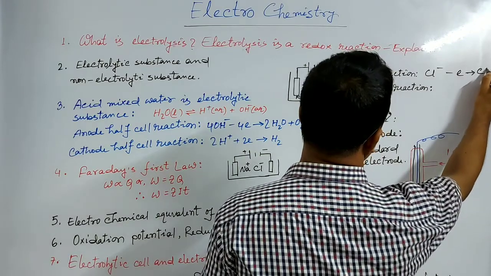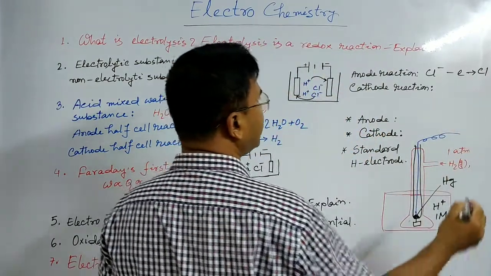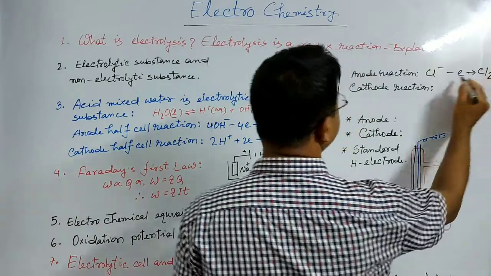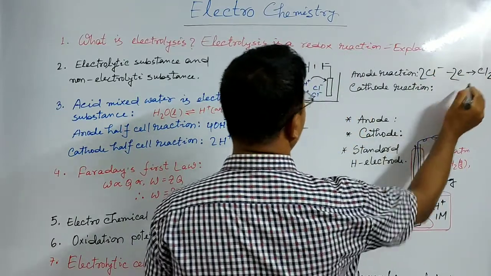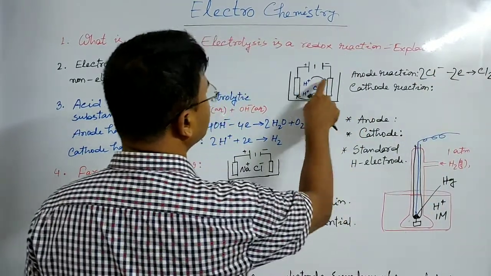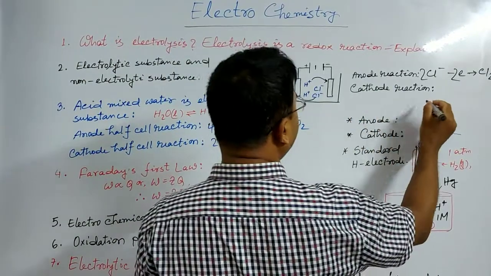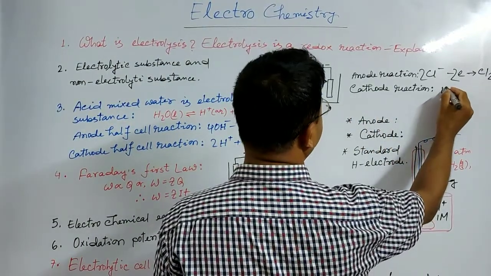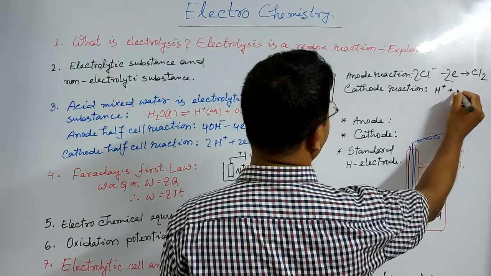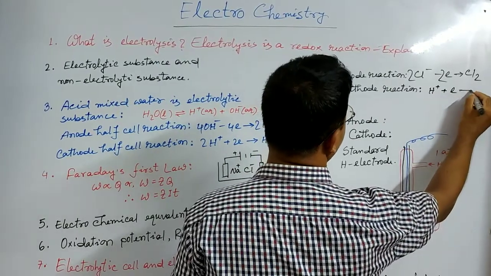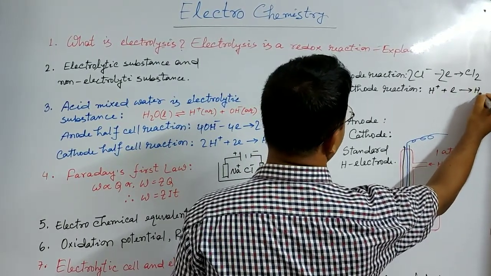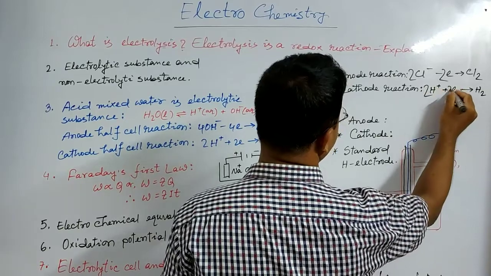My dear students, all of you know that chlorine is diatomic. That's why I have to write here 2, and hydrogen goes to cathode and accepts electron to form hydrogen gas. Here also hydrogen is diatomic. That's why I have to write here 2.